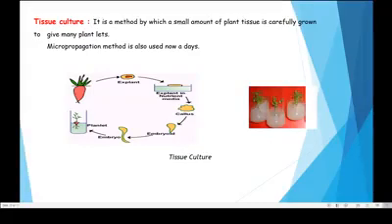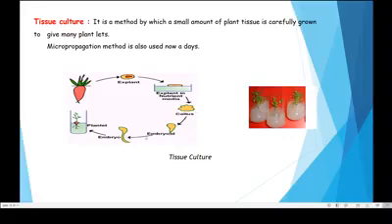Now this tissue utilizes the nutrients present in the nutrient medium and develops into a mass of cells which divides and redivides and forms something called callus. Now this callus divides and redivides to form specific parts of a plant.